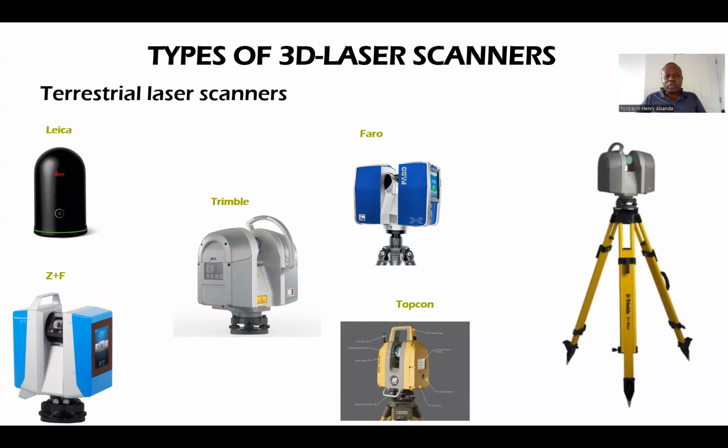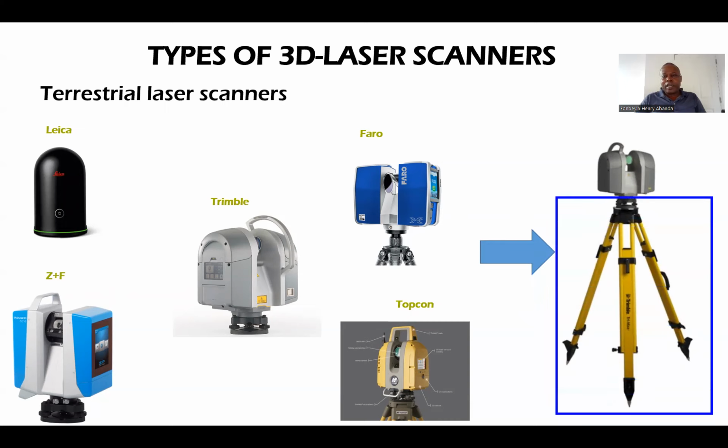What should be noted from the word terrestrial is the fact that you need a stand to accommodate these scanners, and that stand should be located on the earth's surface, on the ground, what I would call technically a tripod.